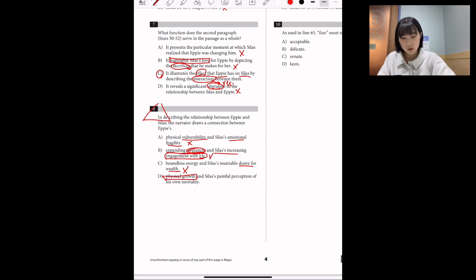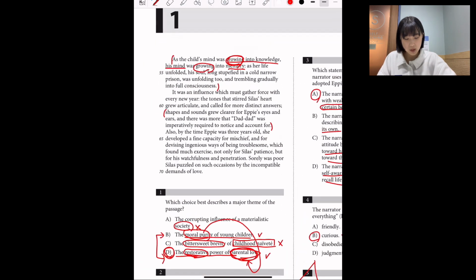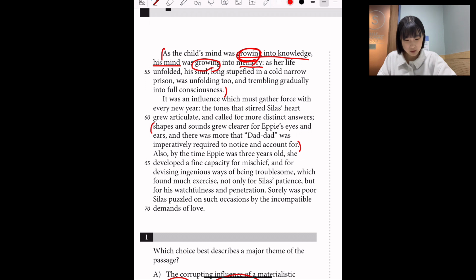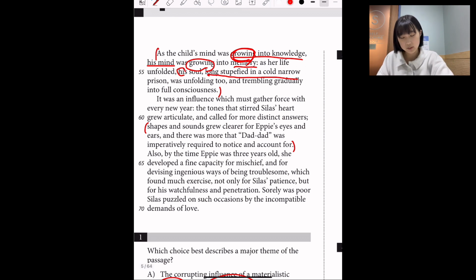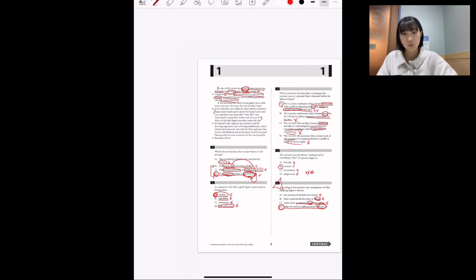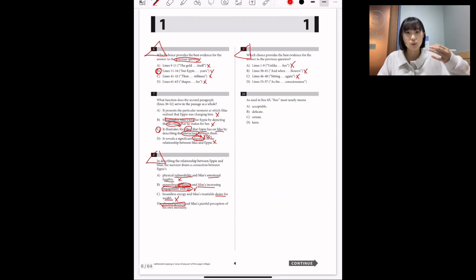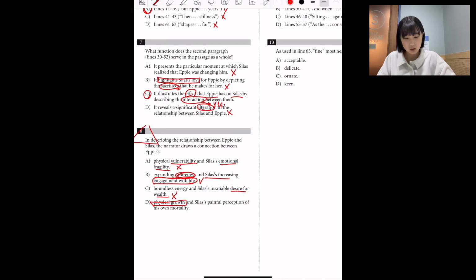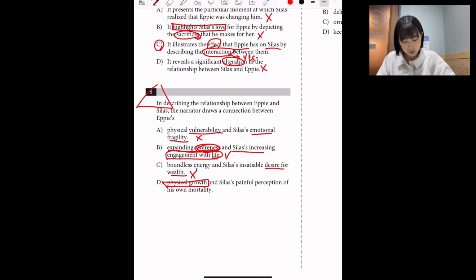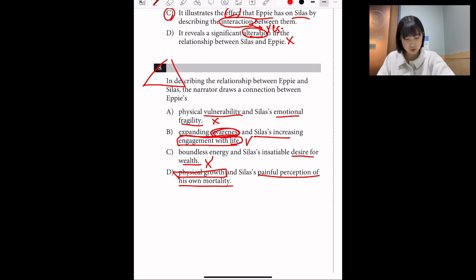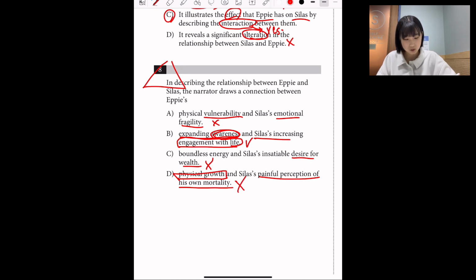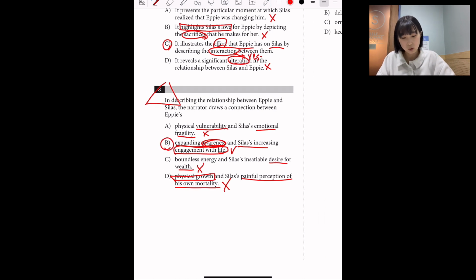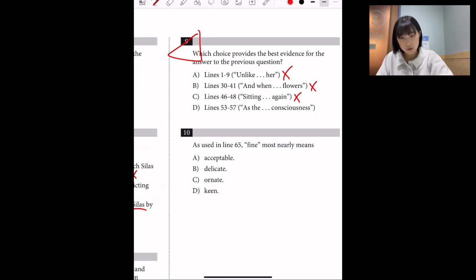Physical growth, sure, it does talk about physical growth here, but painful mortality, his soul, like here you can mistake this as a negative connotation, but here it says this negative prison of his soul was unfolding into full consciousness. So basically, all in all, it's been changing into a positive effect. So this painful perception of his own mortality is too negative, so this is not the answer. So gradually we're going to go with B. And for 9, we're going to go with D.